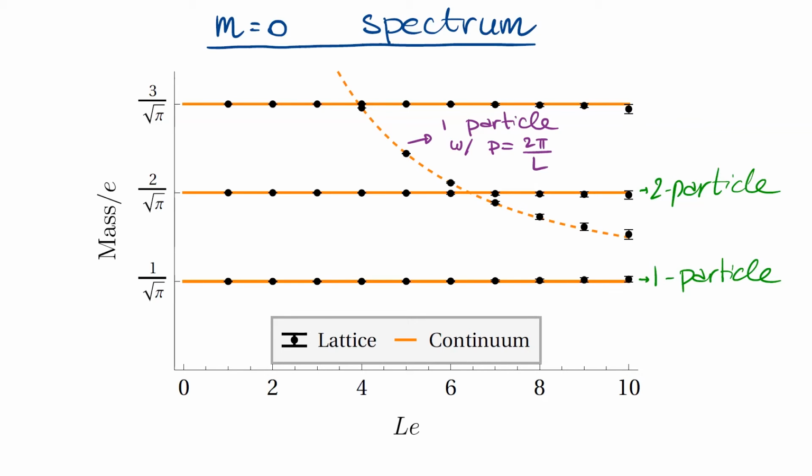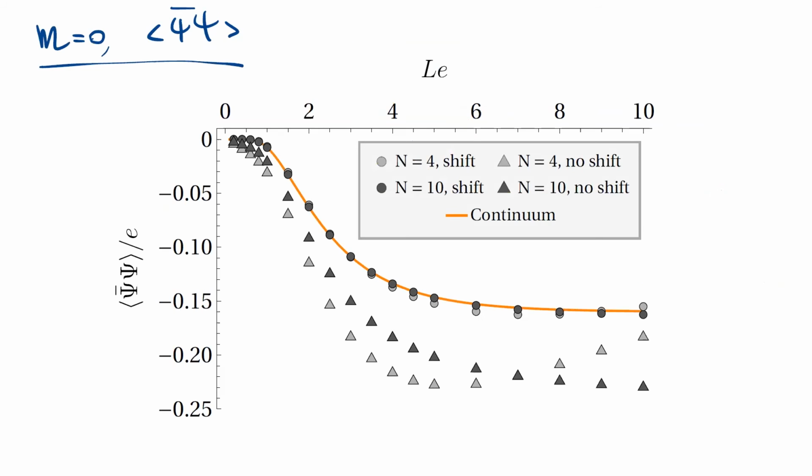This is very nice. Now let me compare how doing numerics with the mass shift or without the mass shift goes. When you take n to infinity, you will see the same result, but let's work at finite n to see how things converge. This is the fermion bilinear condensate, which we know analytically because we're at m equals 0, so it's this orange line.